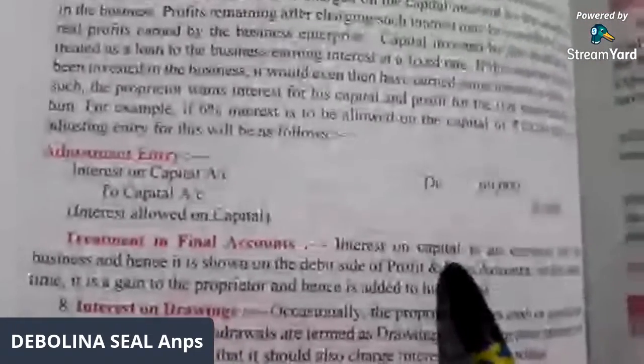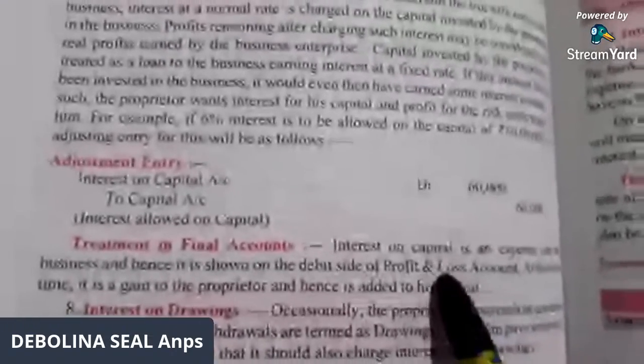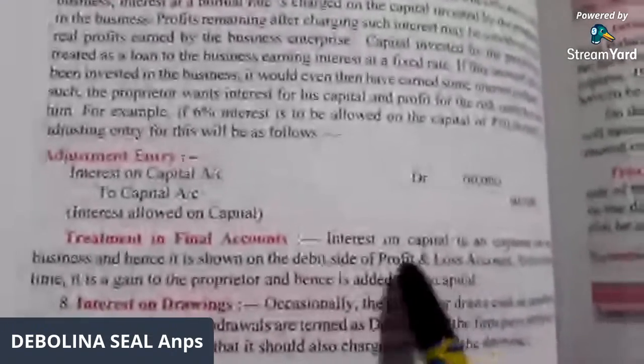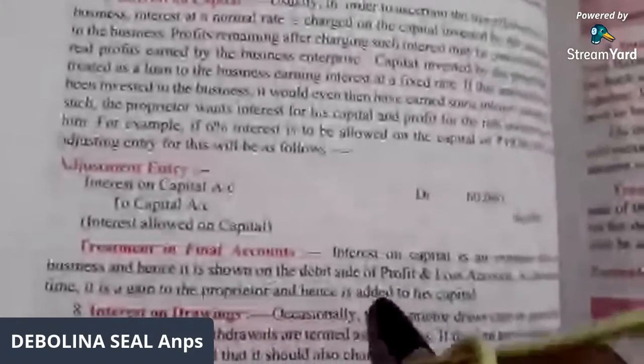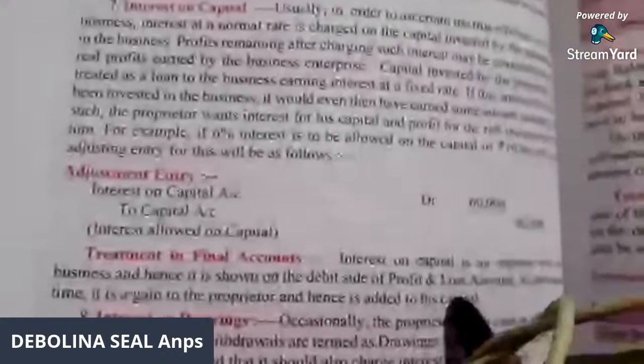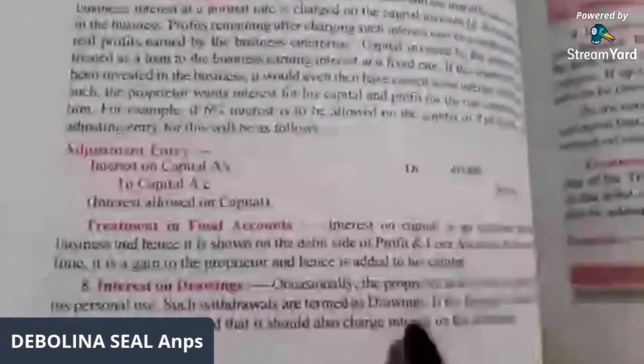The treatment in final accounts is that interest on capital is an expense, so it will be shown on the debit side of the profit and loss account. It is also a gain for the proprietor, so you are going to add interest on capital to the capital. This is the treatment of interest on capital.